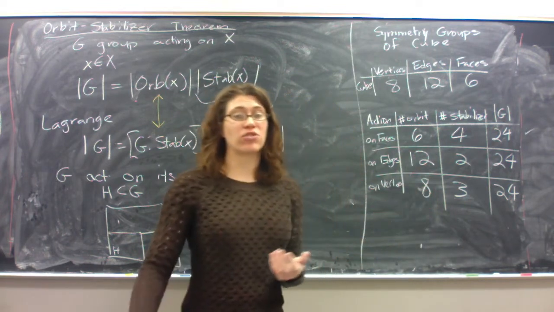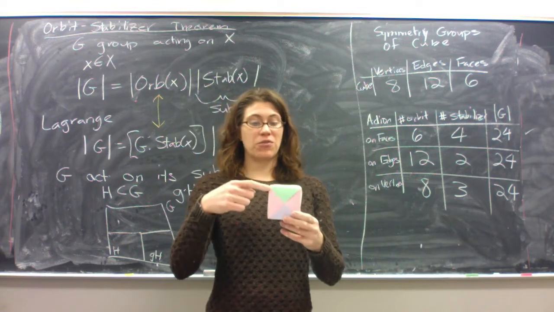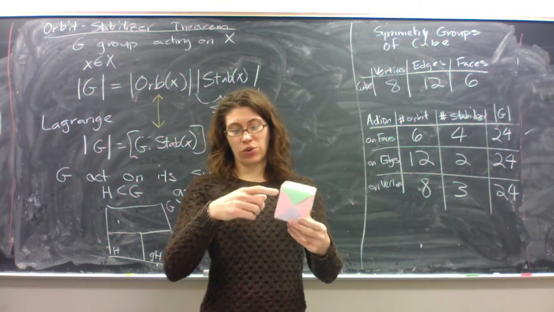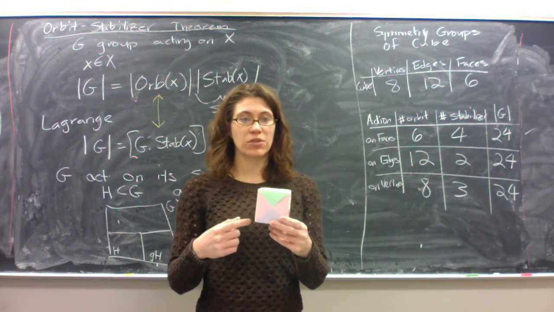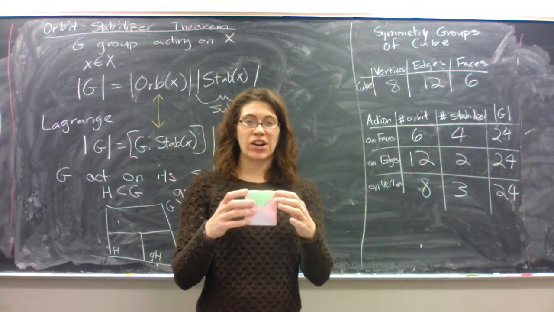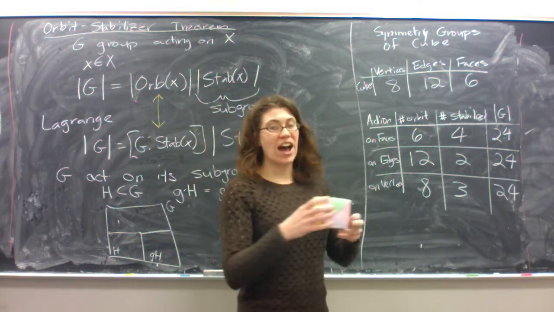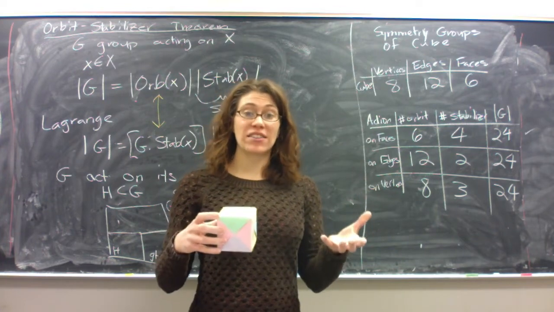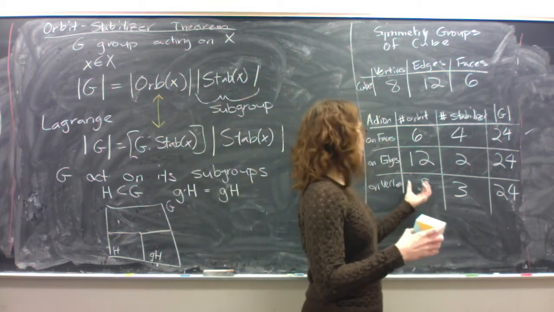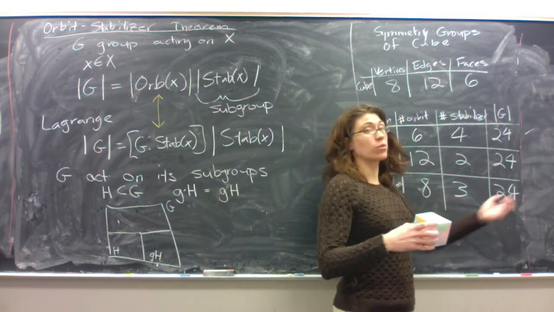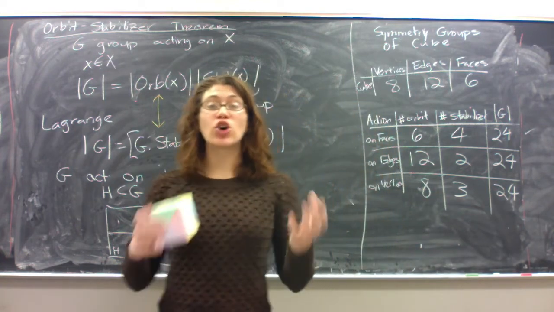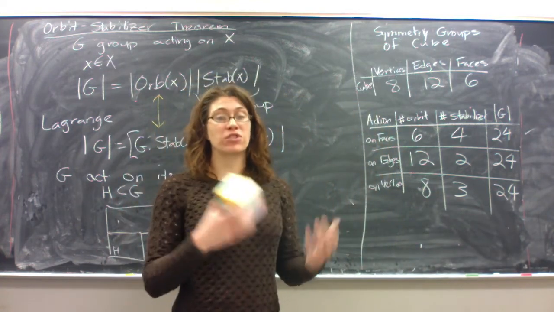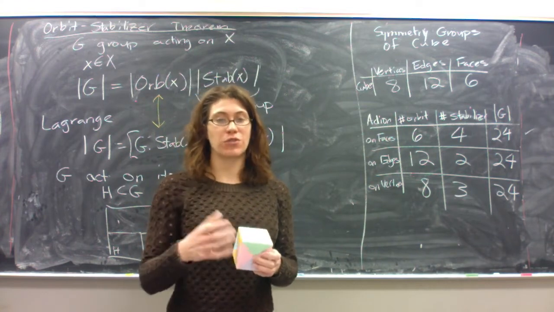If it did not act transitively, say if this vertex could only go to half of the other vertices, then I would have to consider the action of G on each orbit. And when I did that, I would still get that the orbit times the stabilizer is equal to the order of the group, but I could get different numbers for elements of different orbits.